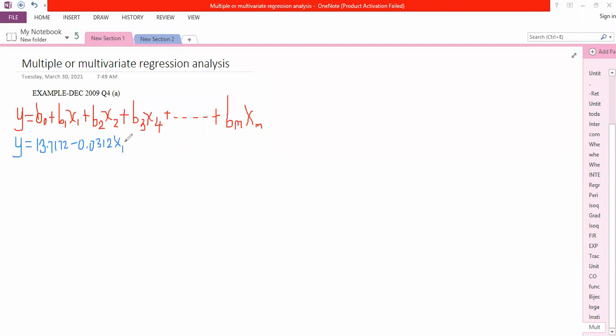We move to x2, whose coefficient is a positive 0.9186, going with x2.